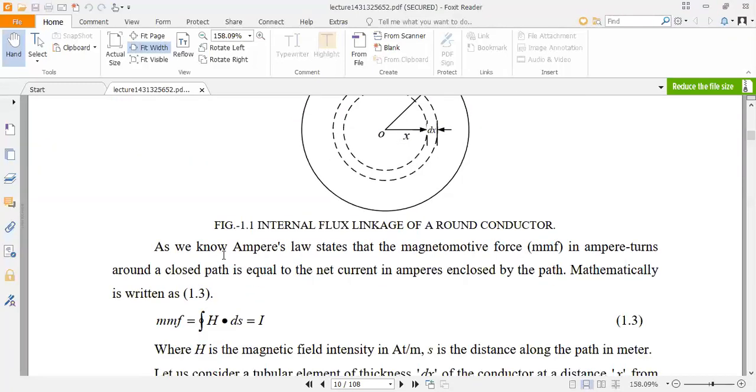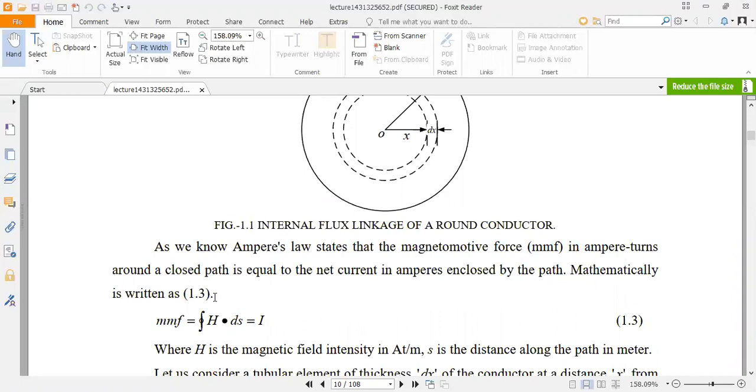As we know, Ampere's law states that the magnetomotive force in ampere turns around any closed path is equal to the net current in amperes enclosed by the path. Mathematically it is written as follows.